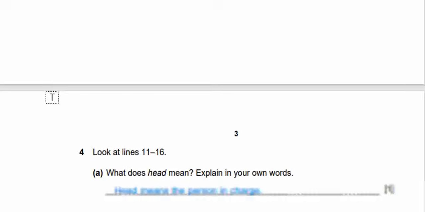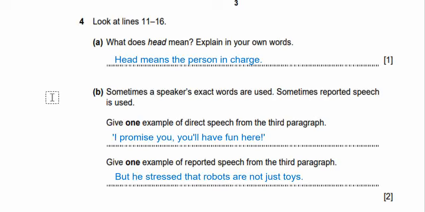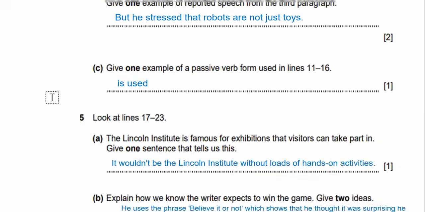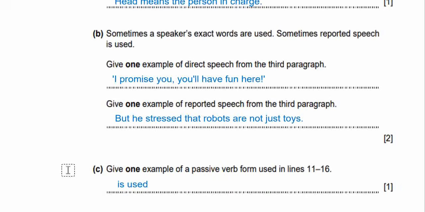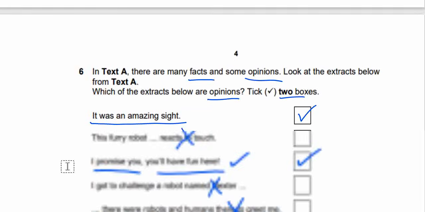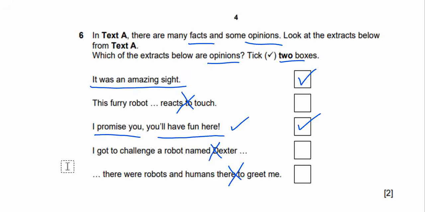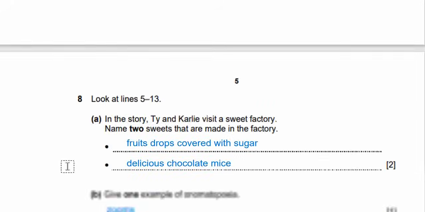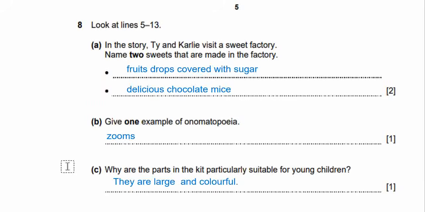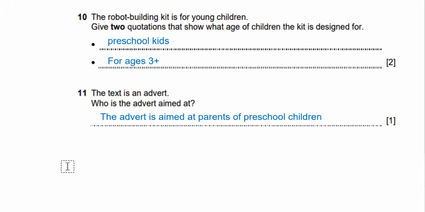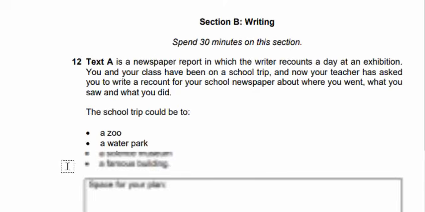This is the mark scheme for question 4, A and B, and this is for C. Next is question 5, A and B. Next will be question 6, and next will be question 7, A and B, followed by question 8, A, B and C. Next is question 9, A, B, and 10. And then question 11. And this is question 12.